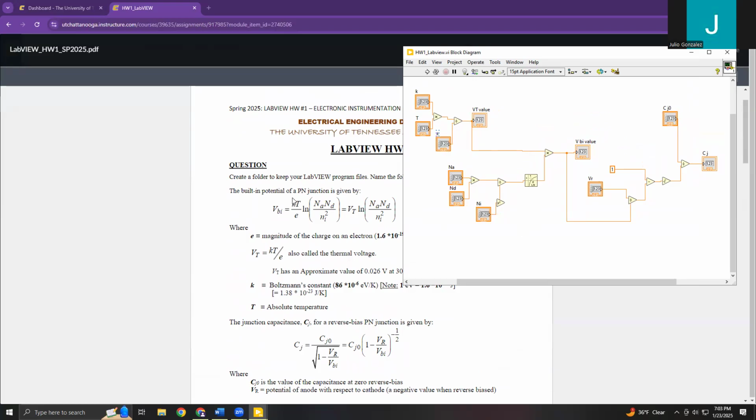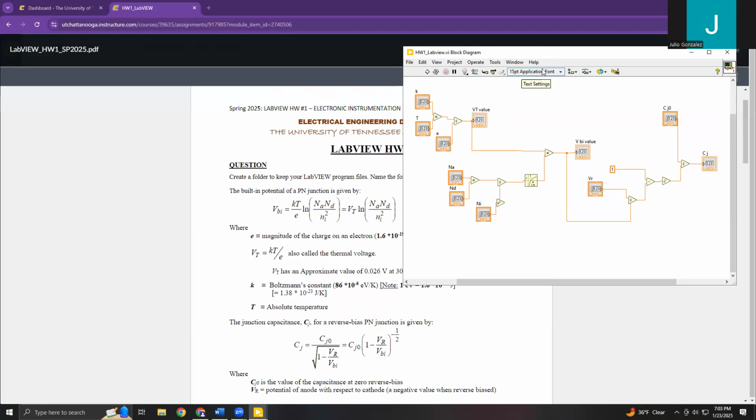I started with K to get my VT: I multiplied K and T together, just like it shows here, then divided by the E value. Then I had an indicator to show what my VT value is.